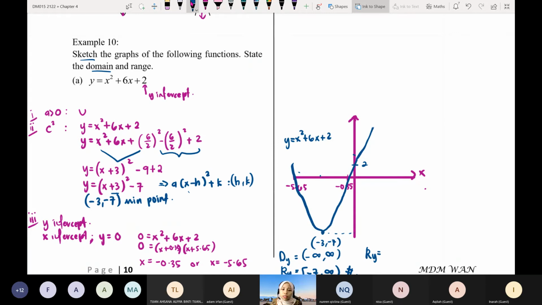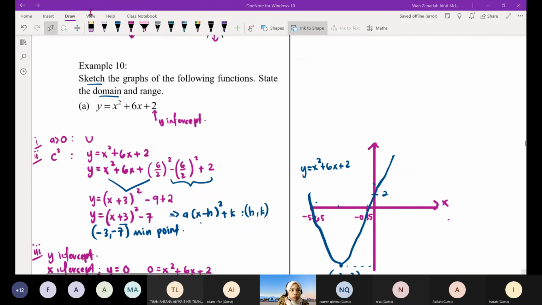Range of y is from negative 7 until infinity. Okay, ni padam. Okay. Next example.